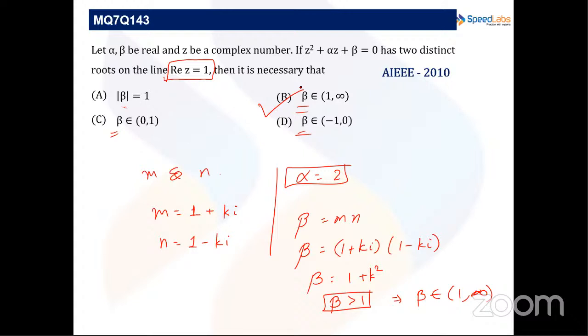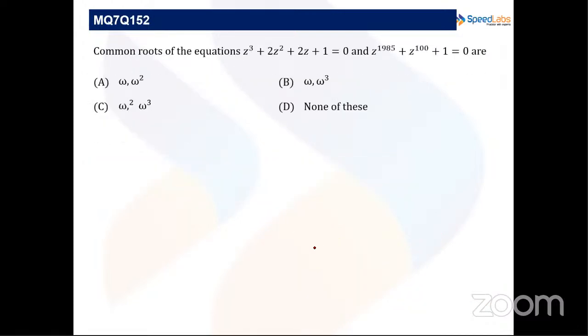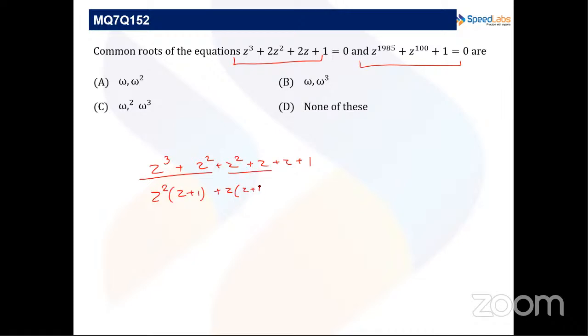Now moving to the next question, I guess that would be the last question of the day. The common roots of these two equations are... So from the first equation, we have z cube plus 2z square plus z plus 1, that is z square into (z plus 1) plus 1 into (z plus 1) equals 0.